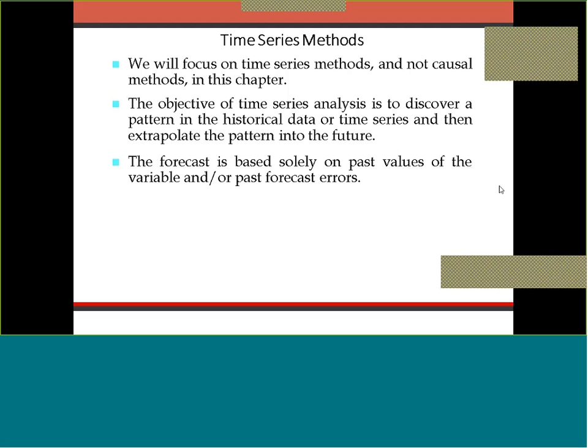It's very simple: based on the past observations, we are projecting the future. The forecast is based solely on past values of the variable and our past forecast errors. This error term we will discuss in detail in the coming slides. For the time being, just assume that we are forecasting the future based on the past.